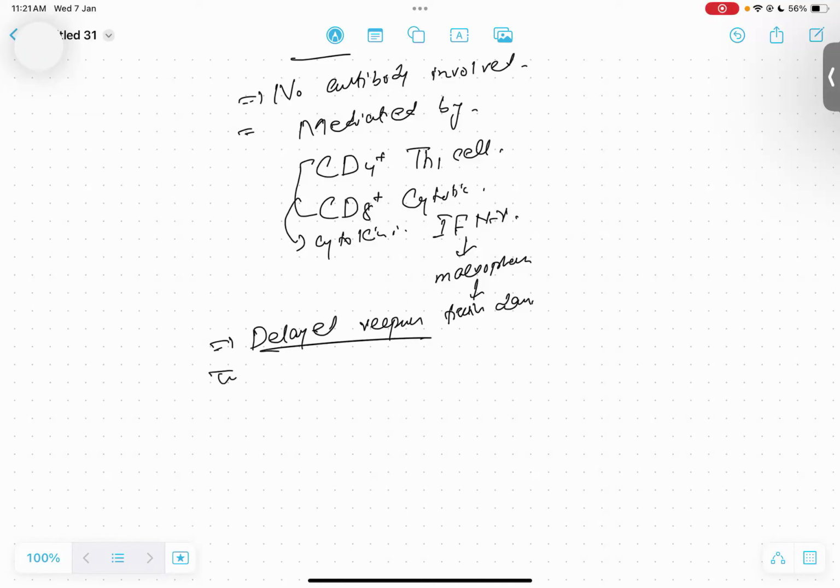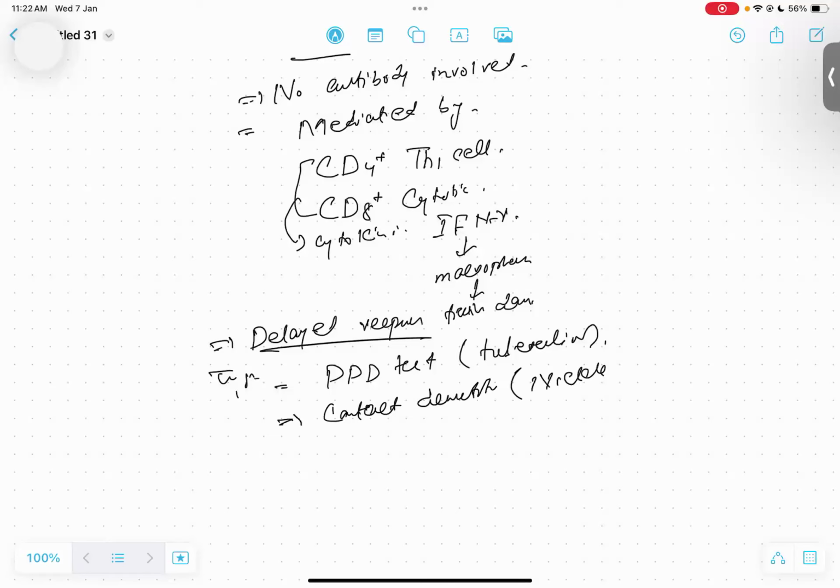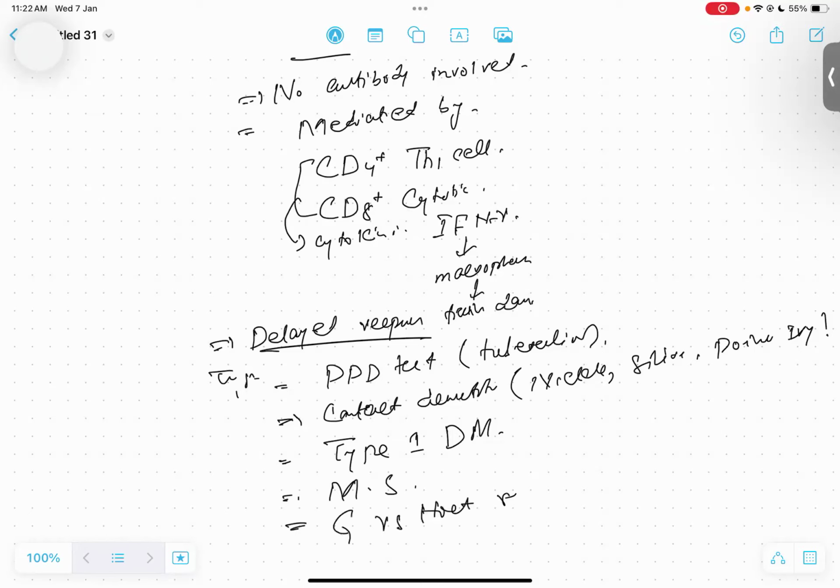So this is type 4, a delayed response. Important examples of type 4 hypersensitivity reaction are the PPD test, which is the tuberculin test, and contact dermatitis, which is usually due to nickel, silver, and poison ivy, and type 1 diabetes mellitus, multiple sclerosis, and graft versus host rejection.